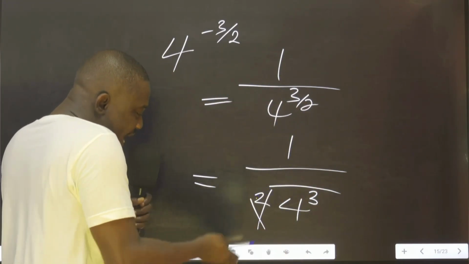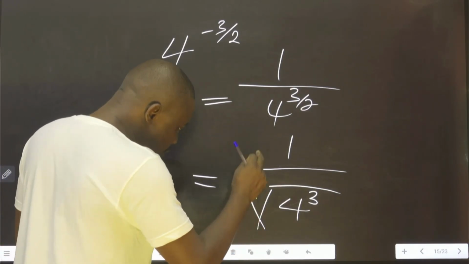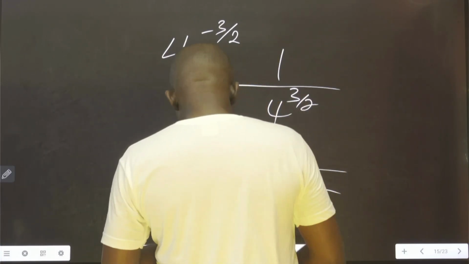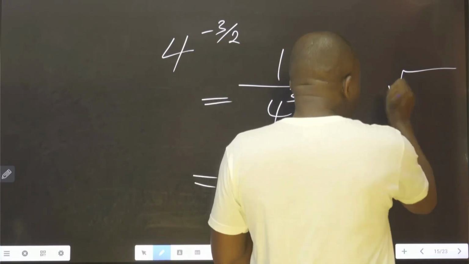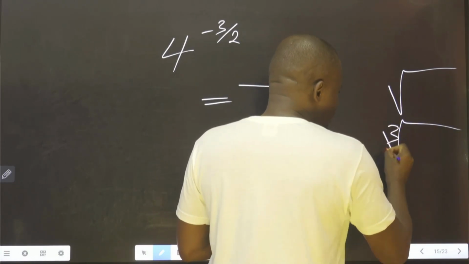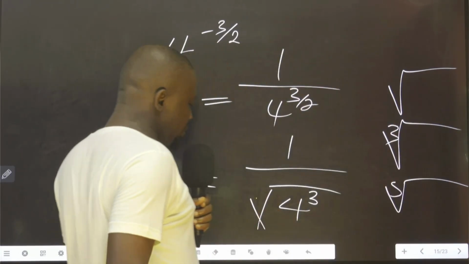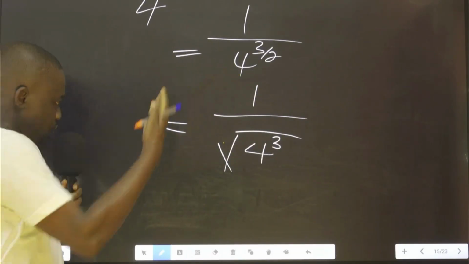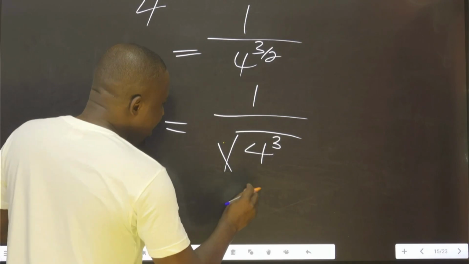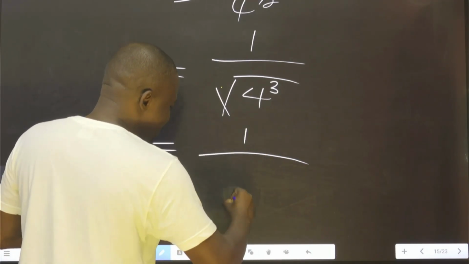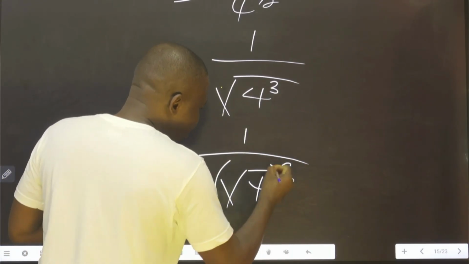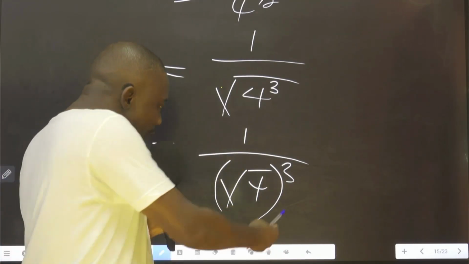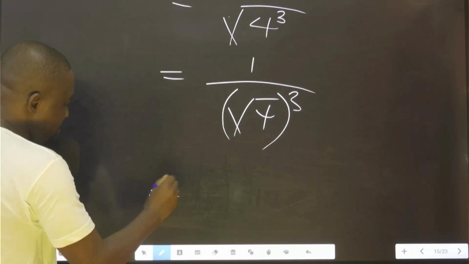Instead of putting these 2 here, if I decide to remove these 2, it's still the same because all the root things start with 2. Unless it is not 2, you put 3, put 5, and so on and so forth. Because it is 2, there's no need to put the 2. What I will do now, I can rewrite this, meaning it's convenient for me to find the square root of 4 before I use the 3.